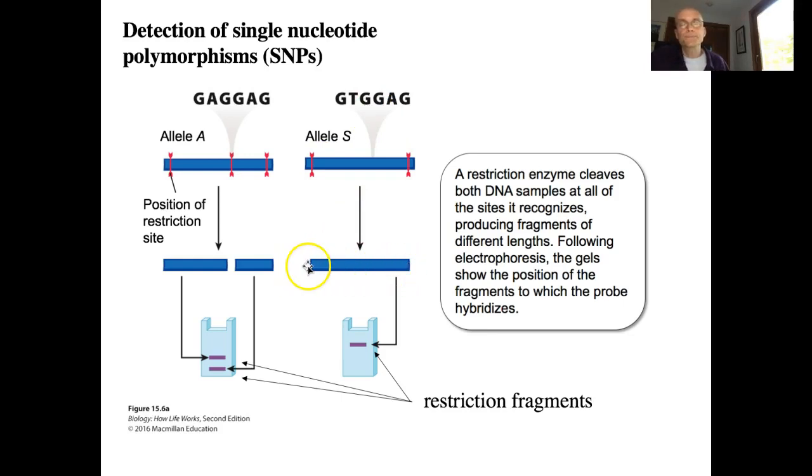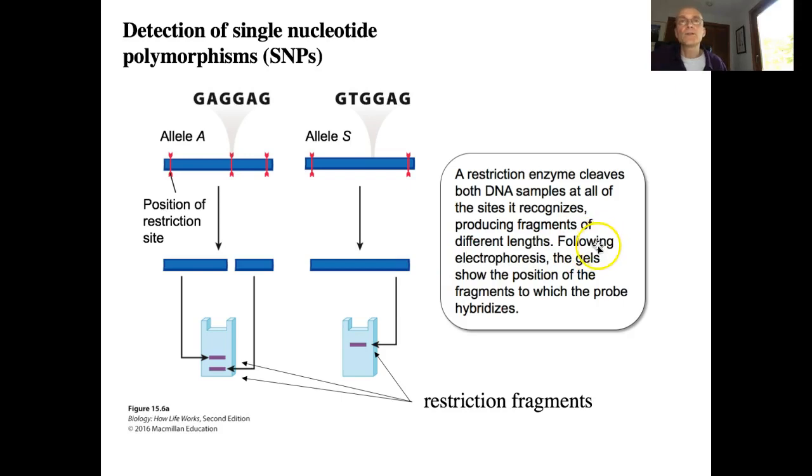So that means that when the restriction enzyme cleaves both DNA samples at all of the restriction sites it recognizes, a restriction site is the site that the restriction enzyme recognizes, then it produces fragments of different lengths. Here we have two fragments of a small and a larger length, and here we have one fragment of a very large length.